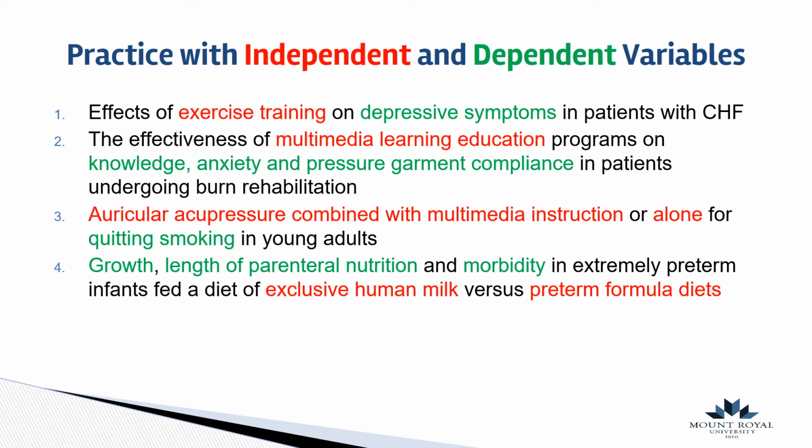So here, the wording of it is such that you shouldn't be misled that what they present first is the independent variable and what they present second is the dependent. So in this case, the dependent, they're measuring growth, how long they were on TPN, and any complications, side effects, other illnesses that they had, in 2 groups, one receiving exclusive human milk and one receiving a preterm formula.